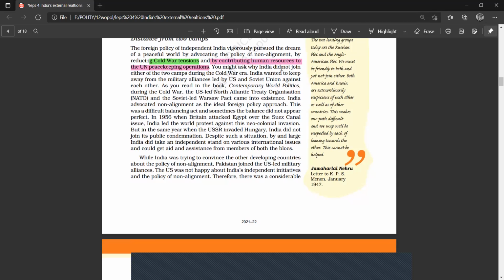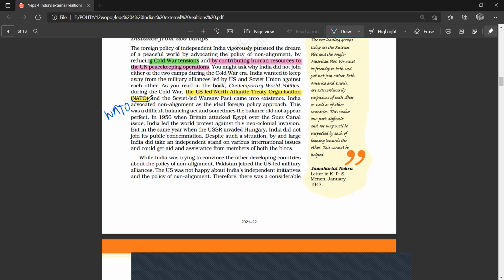You might ask why India did not join either of the two camps during the Cold War era. India wanted to keep away from military alliances led by the US and the Soviet Union against each other. As you read in the previous book, the US-led North Atlantic Treaty Organization, that is NATO, was formed by the US.